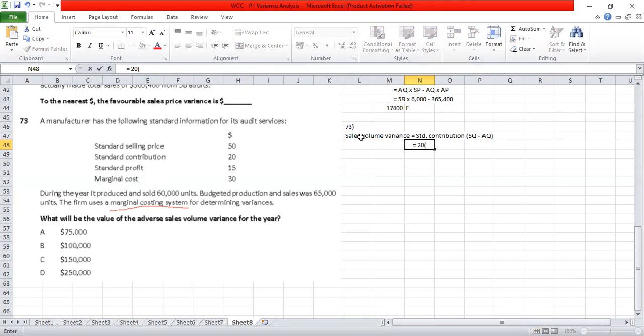The actual quantity is 60,000 units and standard is 65, so let's put it as 65,000 minus 60,000. It is adverse, right? Because they sold less number of units than what was initially planned.